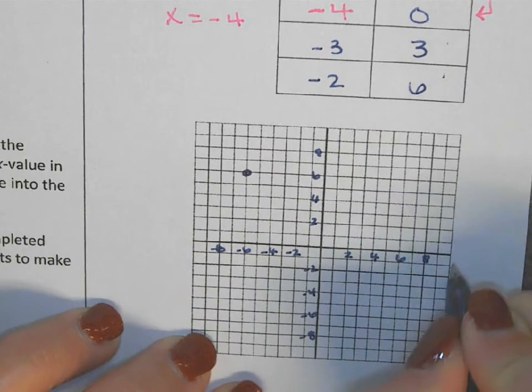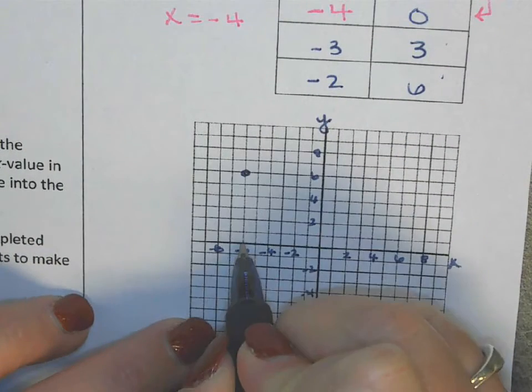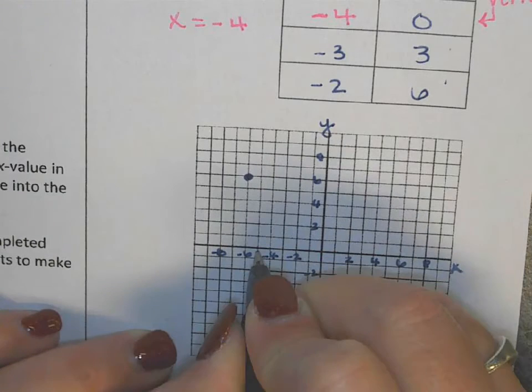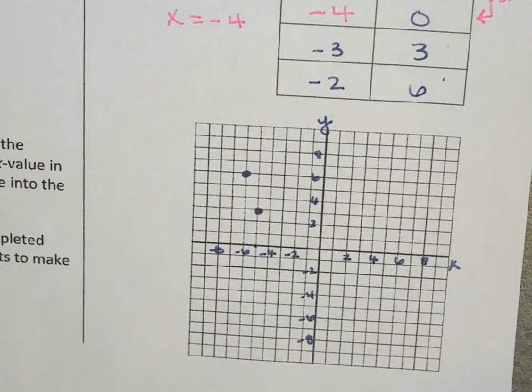This is your x-axis, this is your y-axis. So you go to negative 6 on the x, positive 6 on the y, that's where your point is. The next point is negative 5, 3. So negative 5 on the x, 3 on the y is right there.